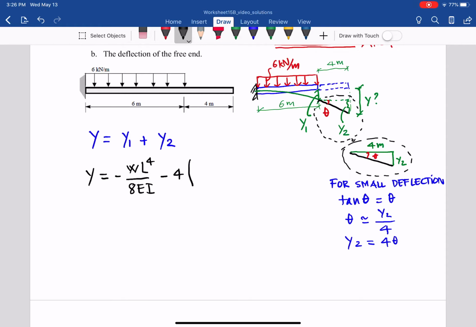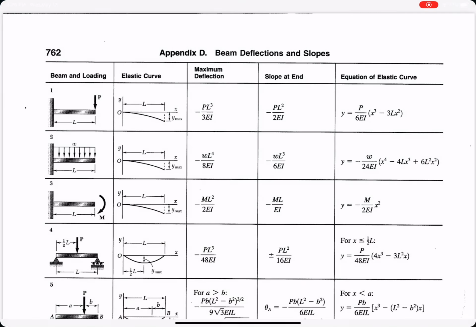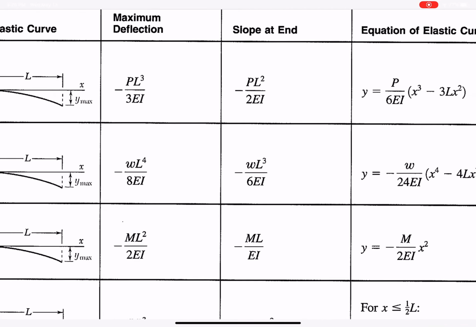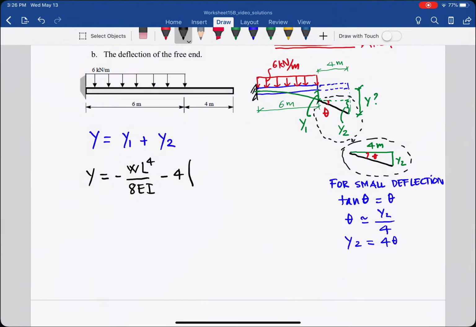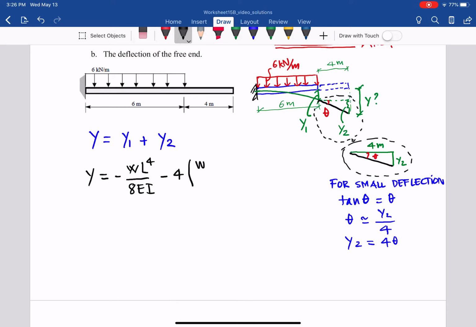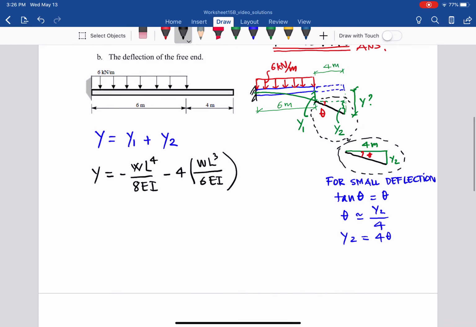Theta is the slope at the end, negative WL cubed over 6EI. Keep in mind that L is 6 meter, not 10 meter.